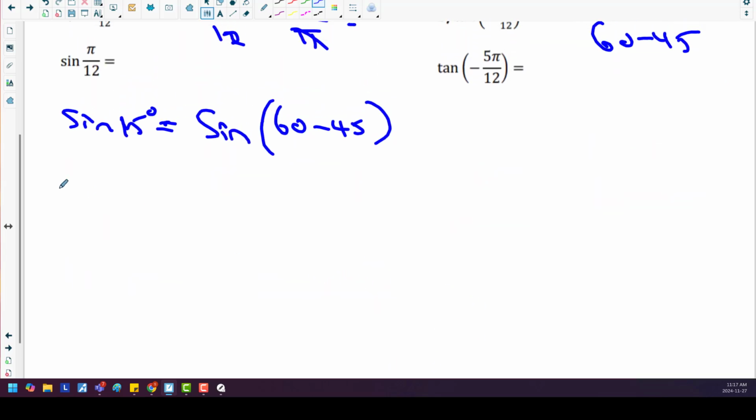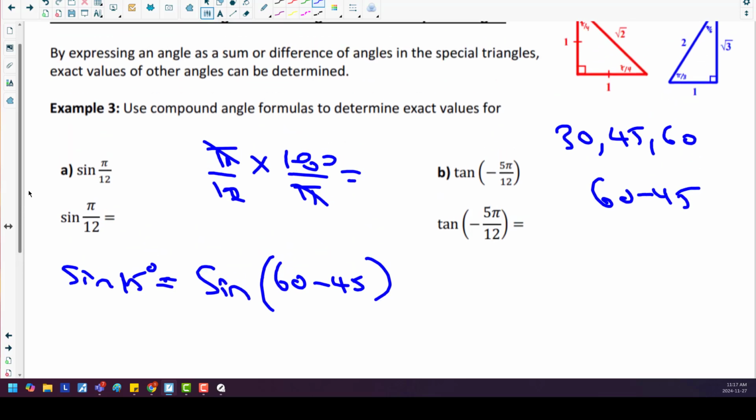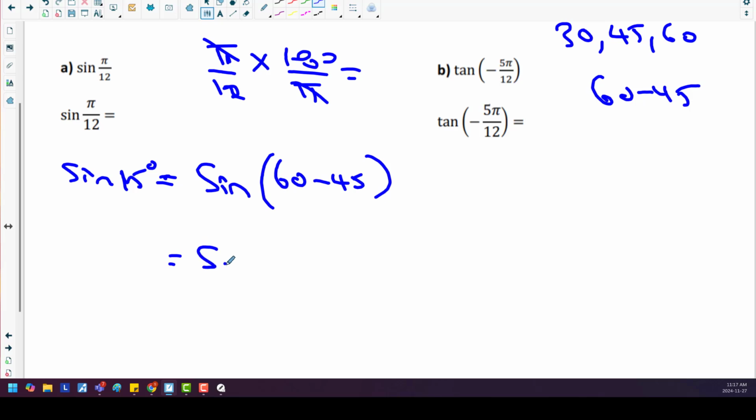Now here you could change it back into radians if you want. Doesn't really matter. It depends on what you're doing. I guess I should change it to radians because grade 12 we're doing radians. So that's the same thing as sine of pi over 3 minus pi over 4.